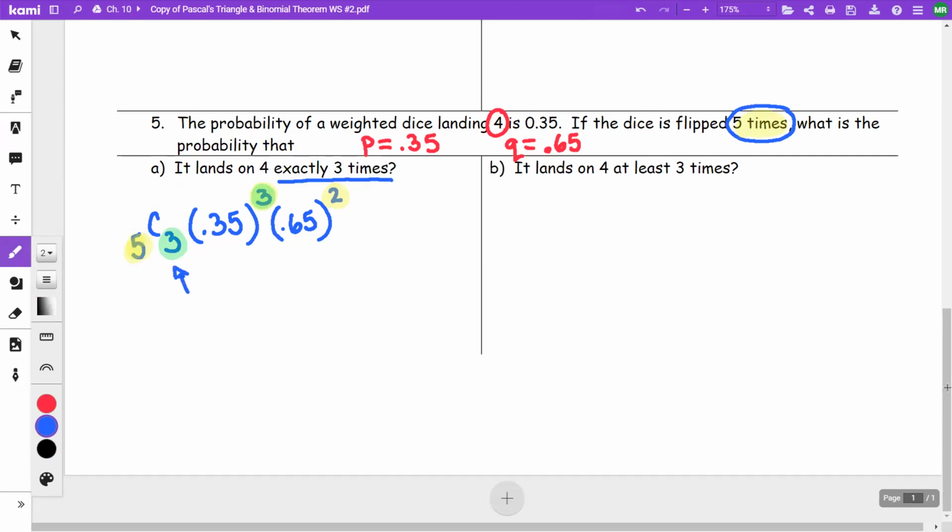Okay. So then I'm going to put this into my calculator, and again I'm going to use Desmos. Let me get my Desmos up.